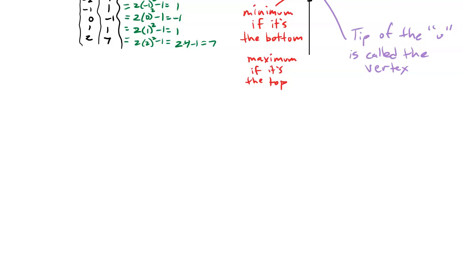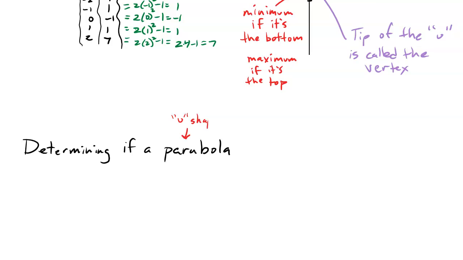And then the last topic, actually this will work out perfect. We'll be done right before lunch. A parabola is the name of the U-shape.